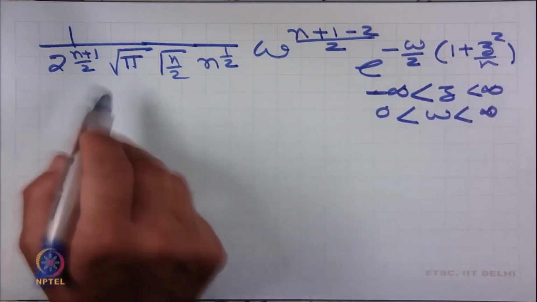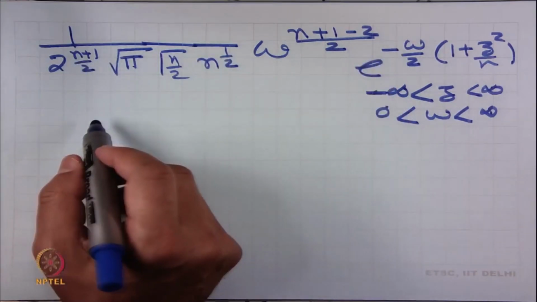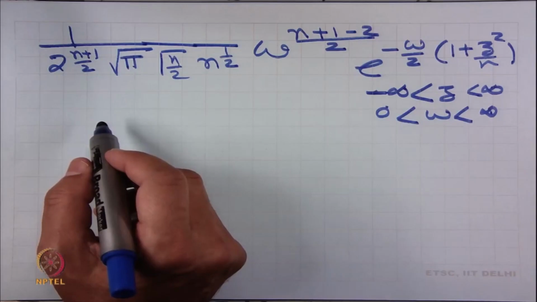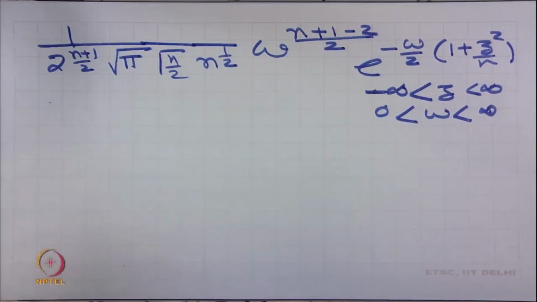Once we obtain the PDF of z and w, we need to find out the PDF of z from there. How do I get it?